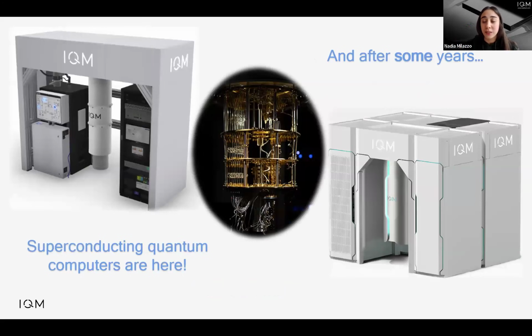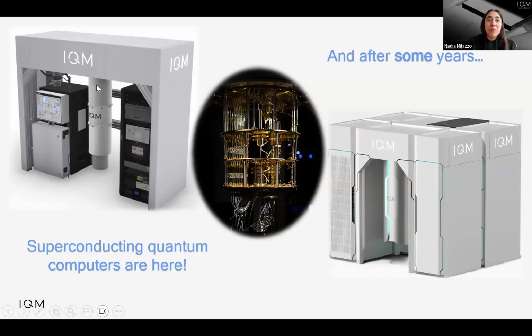So the superconducting quantum computers are quantum computers using these artificial atoms as qubits. And here in the pictures, you see two of our superconducting computers that differ in the number of qubits that they have in the QPU.